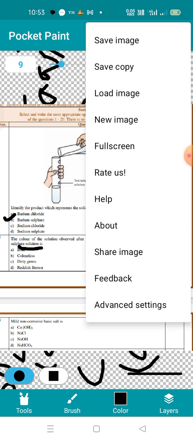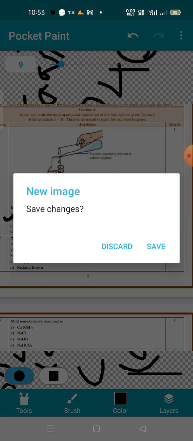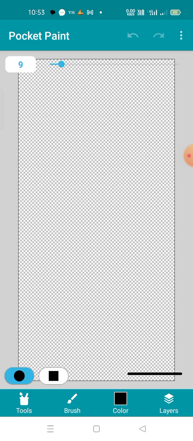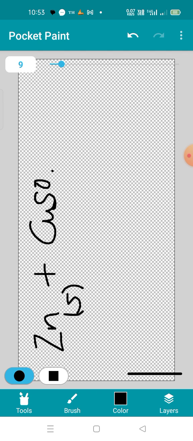Let me take a new page. Yes, so let me write the chemical equation. So what are the reactants there? Zinc is solid, it reacts with copper sulfate solution, that is AQ. So what will happen?